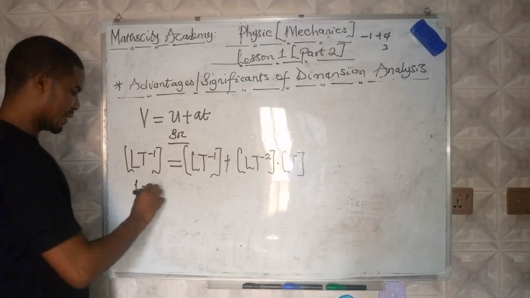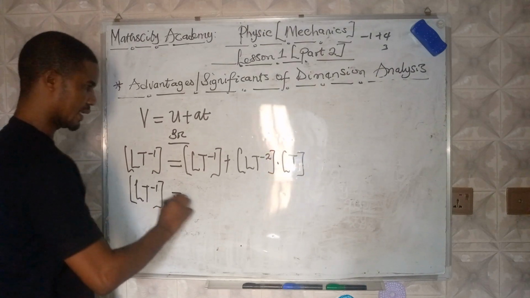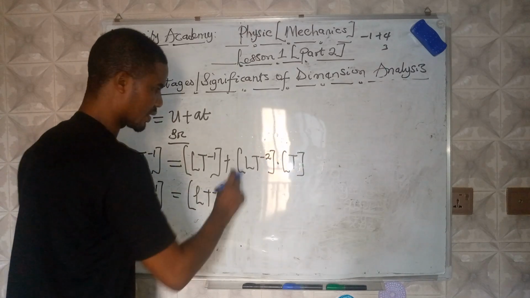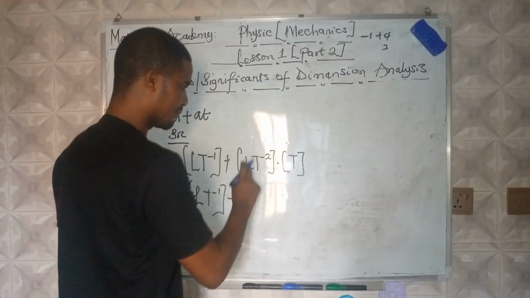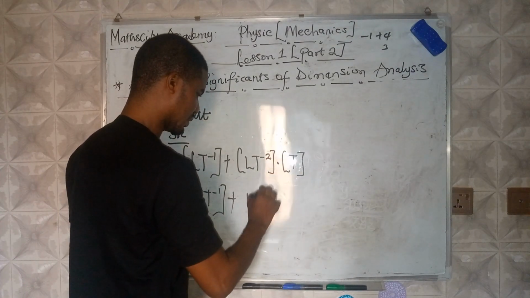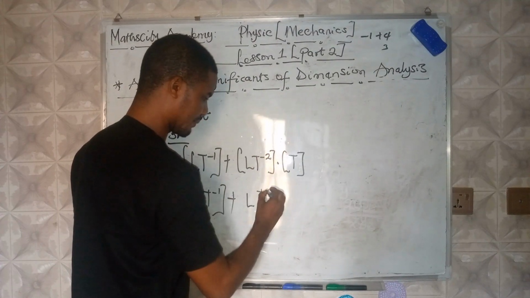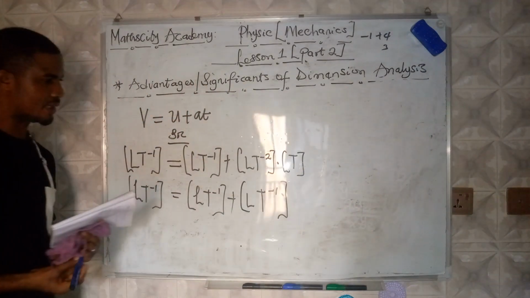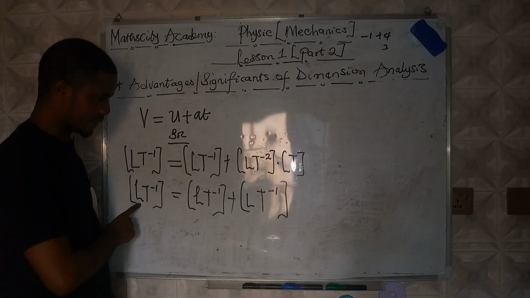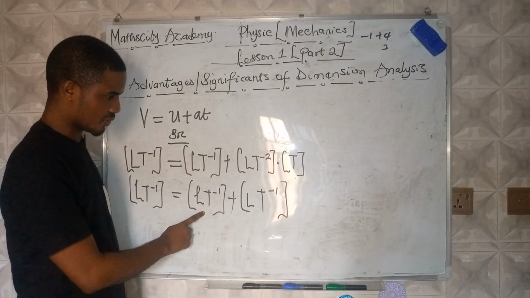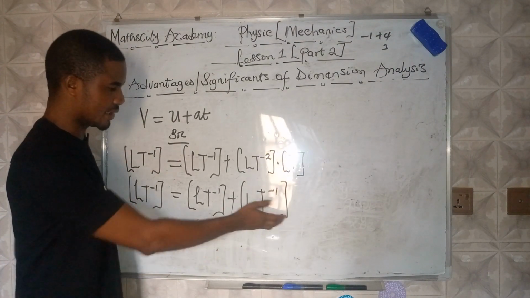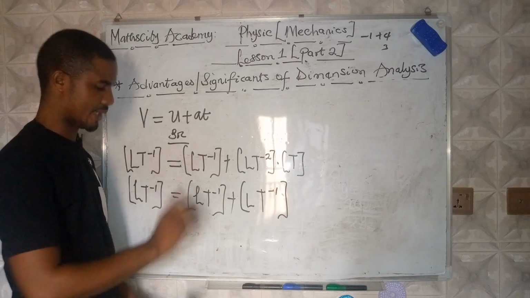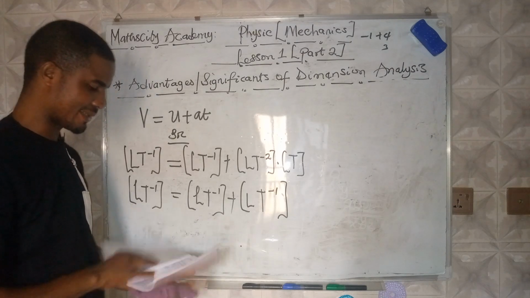I have LT^-1 equals LT^-1 plus LT^-2 times T, which gives LT^(-2+1), which is LT^-1. Men and brethren, if we look at this place, you see that we have LT^-1 here, LT^-1 here, LT^-1 here. This is what we call homogeneity. It means that this physical equation is what? Correct. We go to another example.